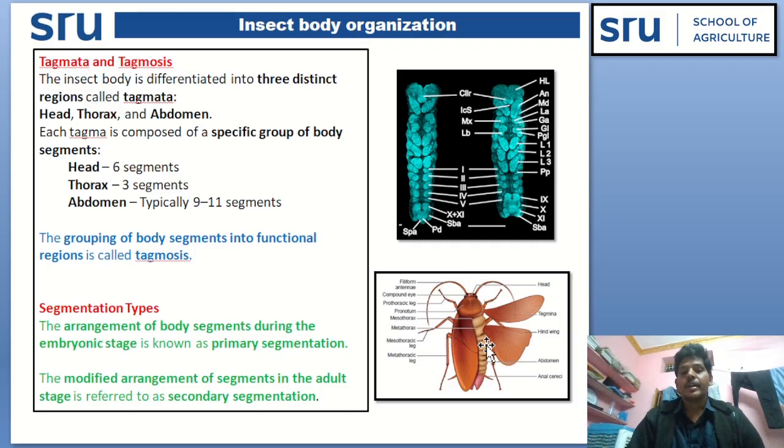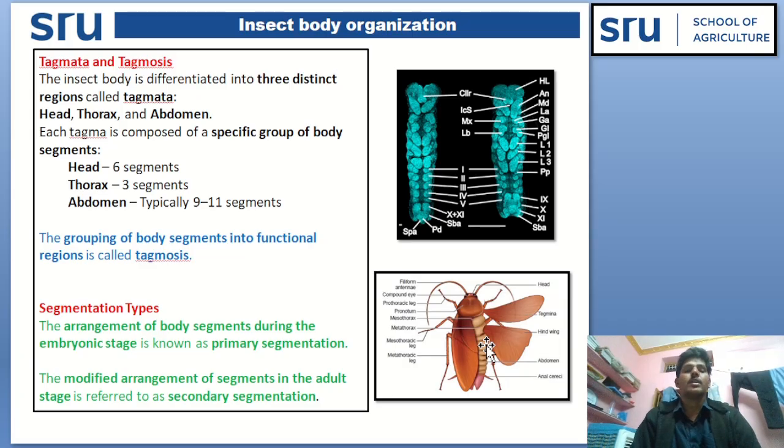Then what do you mean by tagmata and tagmosis? Tagmata is equal to region, for example head region or head tagmata, thorax region or thorax tagmata. So the insect body is differentiated into 3 distinct regions known as tagmata: head tagmata, thorax tagmata and abdomen tagmata.